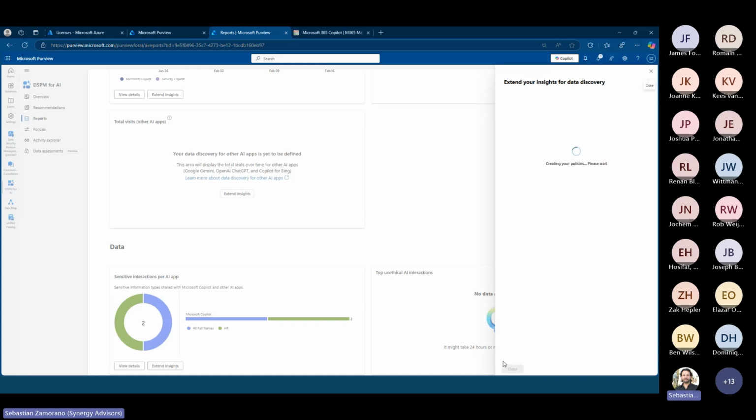And again, you can come in here and create the policies. The policies are created in simulation mode. You can review, improve, and identify some small groups, maybe if you don't want to apply it to all the people.